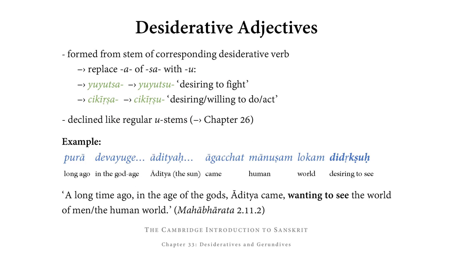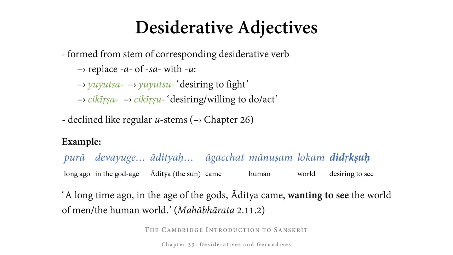Next up, desiderative adjectives. These are formed from the stem of the corresponding desiderative verb, but what we need to do is replace the final a of the verb suffix sa with u. So from yudh, to fight, we get a desiderative verbal stem yuyutsa. The corresponding desiderative adjective stem would be yuyutsu, and this would then mean desiring to fight.